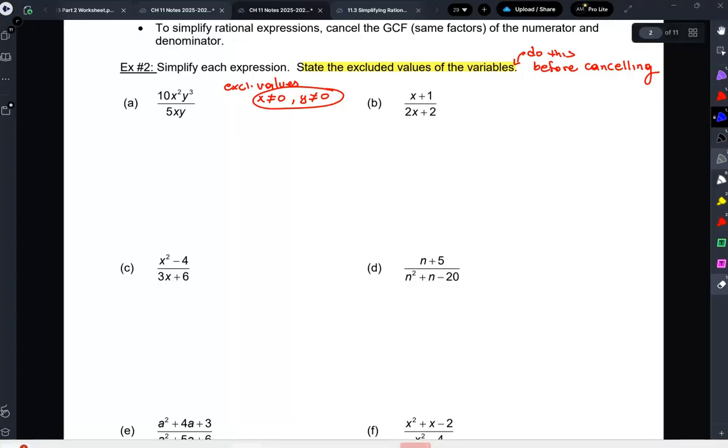Now, I'm going to reduce this. First I do the coefficients. 10 divided by 5 is how much? 2. x squared and x, what do I get? x. y cubed and y squared, what do I get? y squared. So what I end up with here is 2xy squared. This is the simplified form, and those are the excluded values.